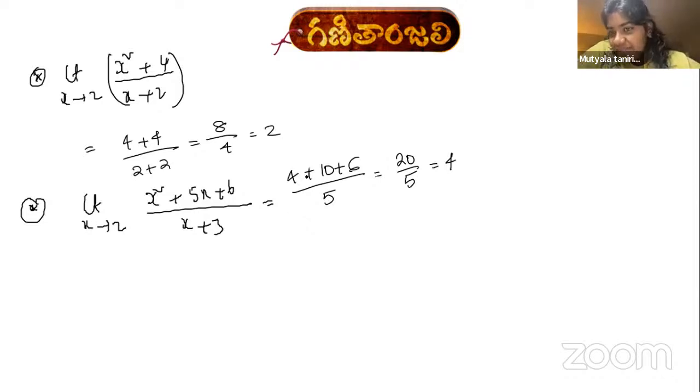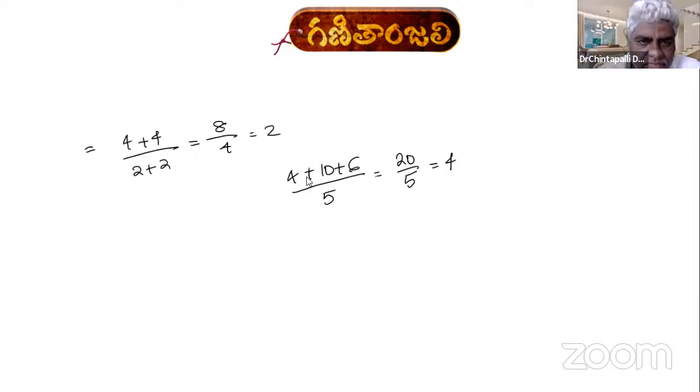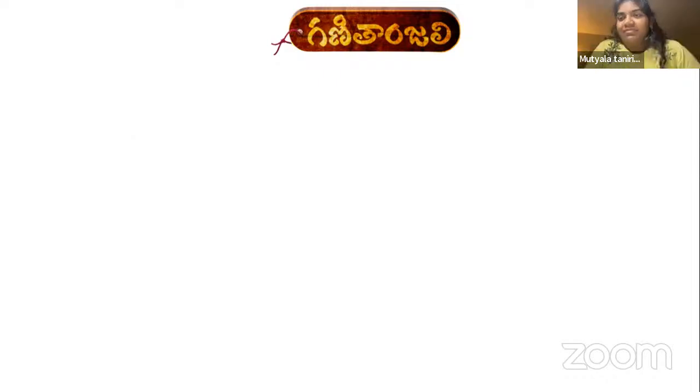But now my question is, limit x tends to 2 of x square minus 5x plus 6 by x minus 2.